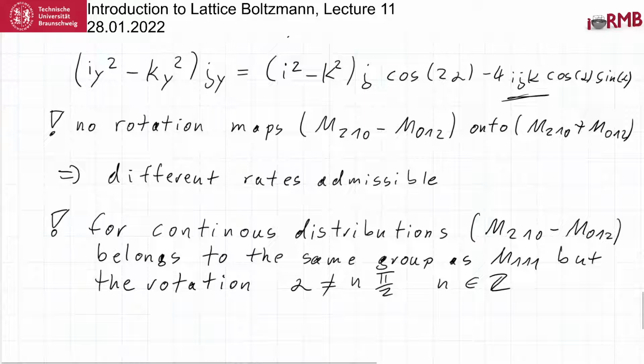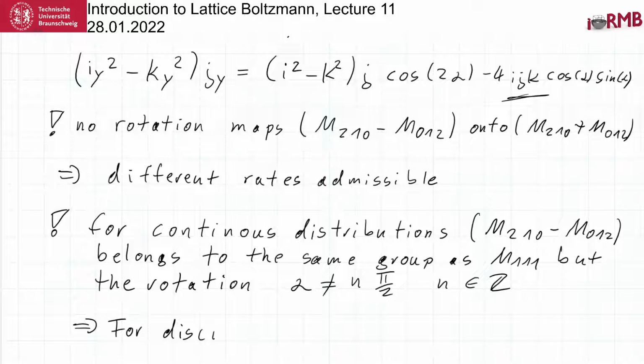This means that for discrete distributions, as we obviously have in the lattice Boltzmann methods, they belong in different groups.